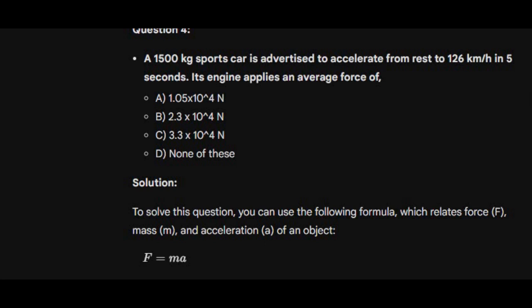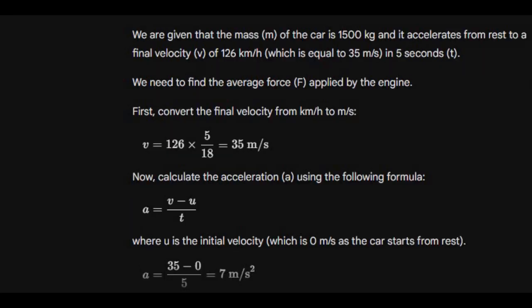To solve this question, you can use the following formula, which relates force, F, mass, m, and acceleration, a, of an object. F = ma. We are given that the mass, m, of the car is 1,500 kilograms and it accelerates from rest to a final velocity, v, of 126 km per hour, which is equal to 35 meters per second, in 5 seconds, t.